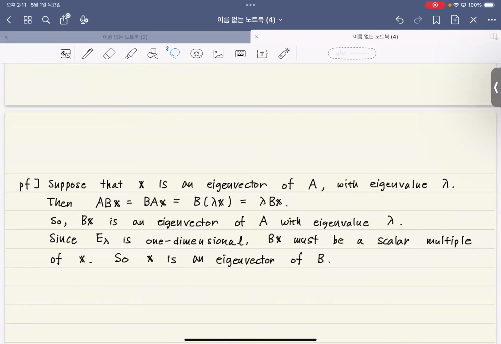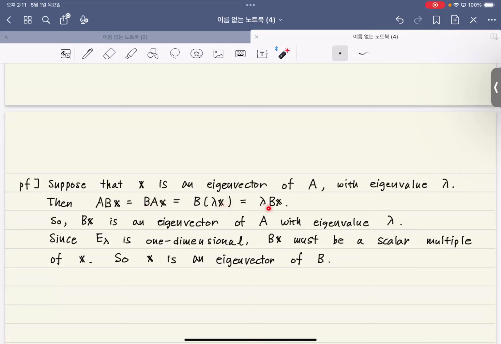Suppose that X is an eigenvector of A with eigenvalue lambda. Now let us consider A times B times this eigenvector. Since A and B commute, this is the same as B times A times X. But A times X is lambda times X, because X is an eigenvector.